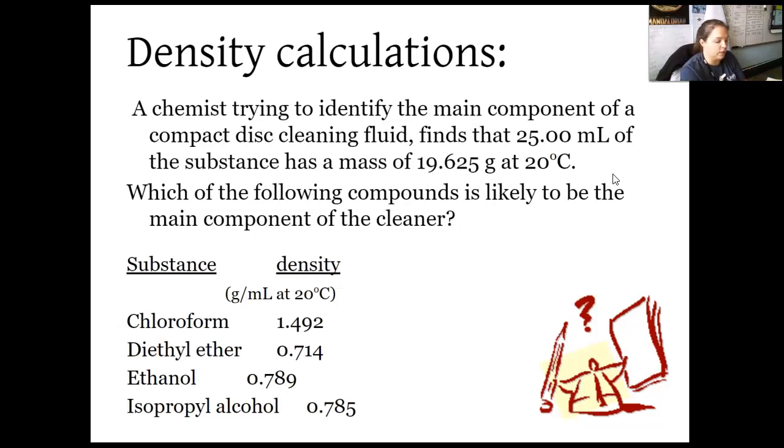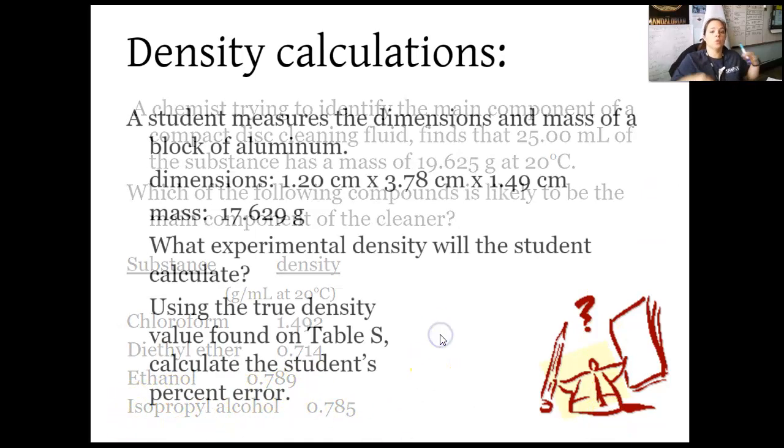Well, 19.625 divided by 25, you get that answer, right? 0.785. All right, so it's 0.785 grams per milliliter. Does it match up with one of these at the bottom, one of these substances? Yes, it does. There you go. It's isopropyl alcohol.